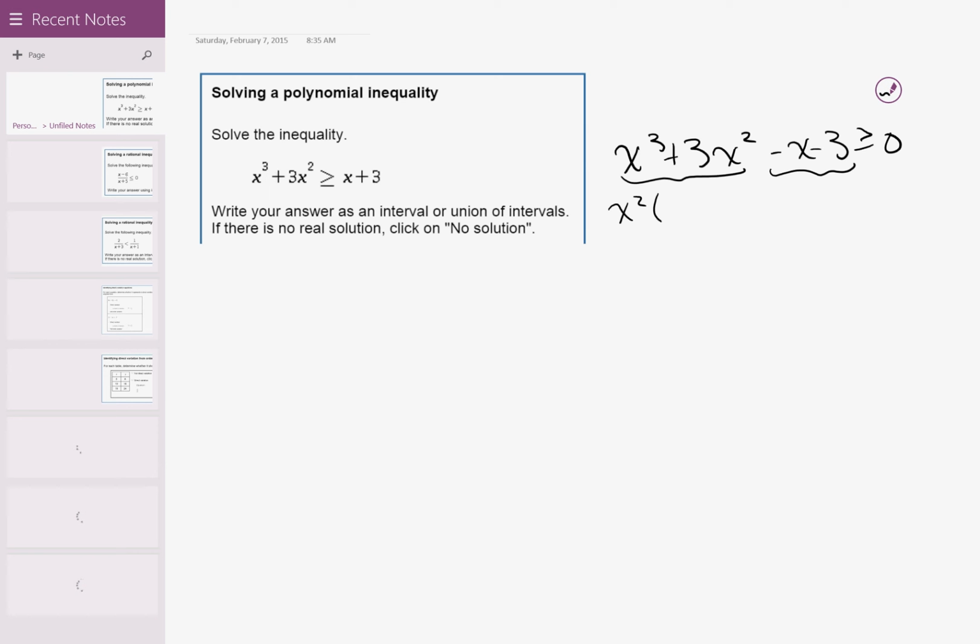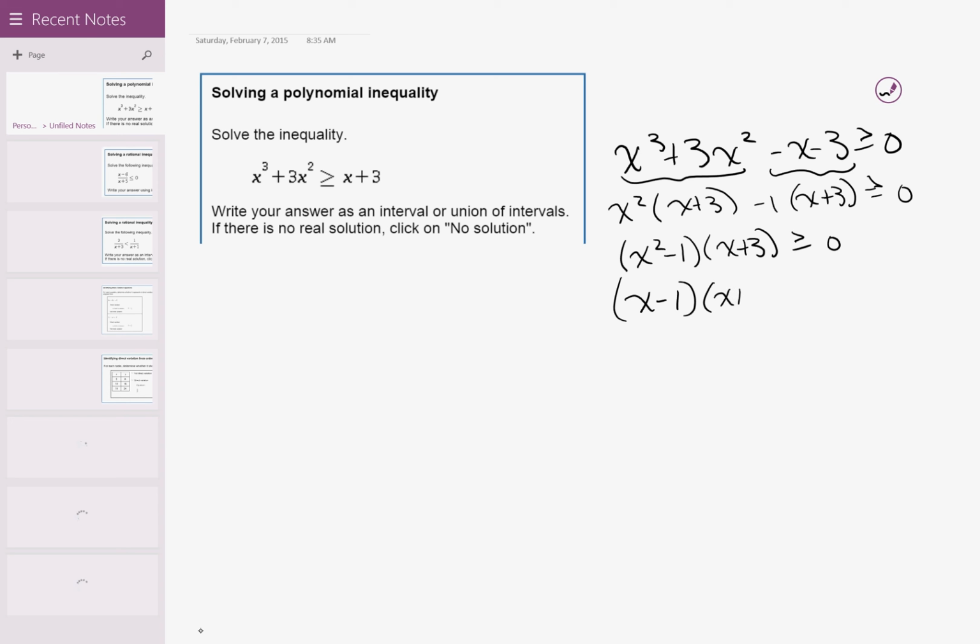Okay. x squared times x plus 3, and then minus 1 times x plus 3 is greater than or equal to 0. And this is x squared minus 1 times x plus 3 is greater than or equal to 0. And this is x minus 1, x plus 1, x plus 3 is greater than or equal to 0.